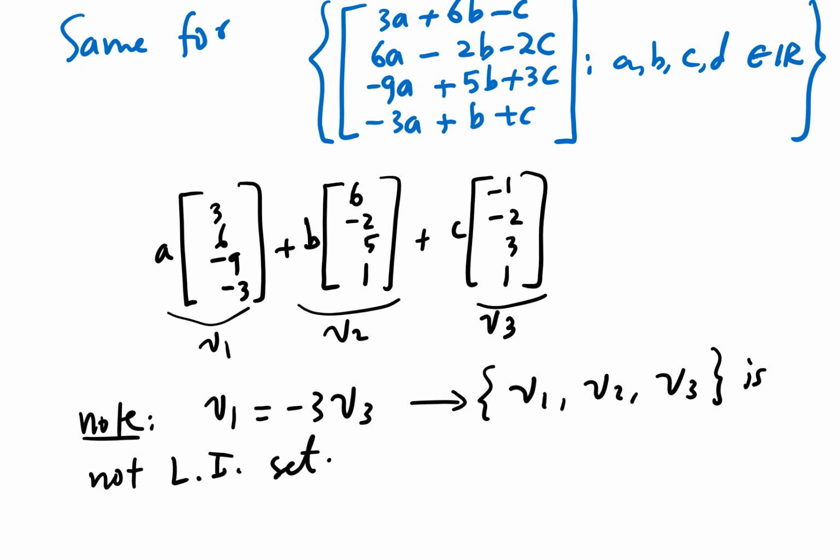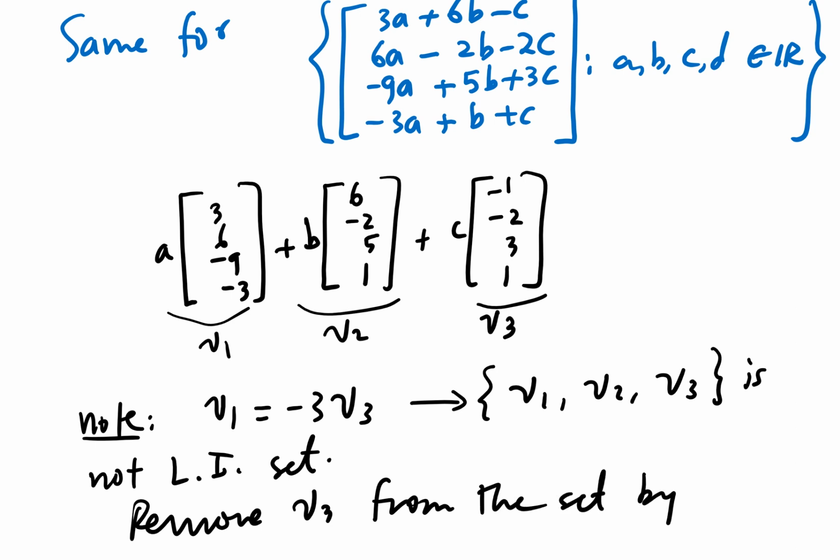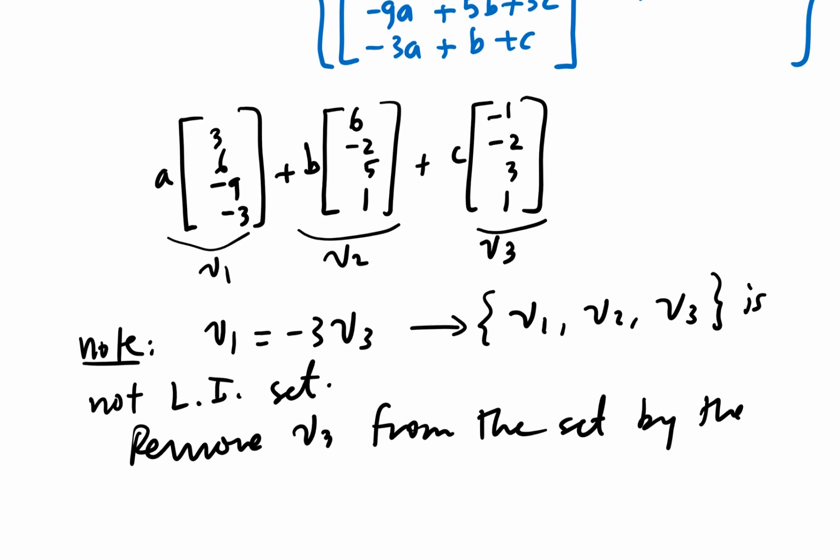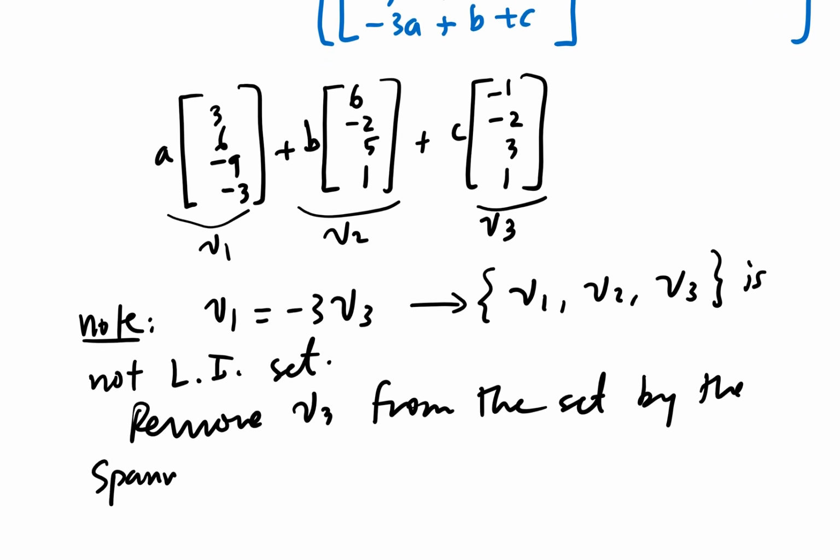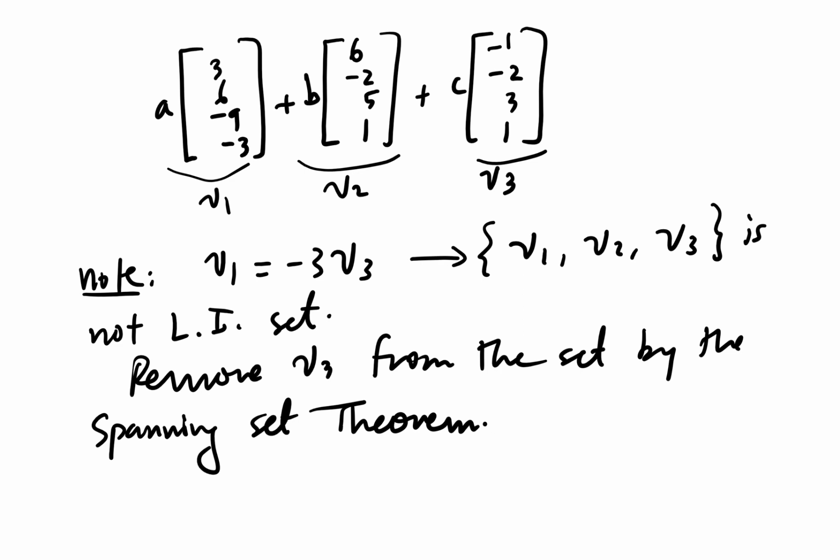So we remove v3 from the set by what we call the spanning set theorem. This means H would be spanned by only two vectors, v1 and v2.